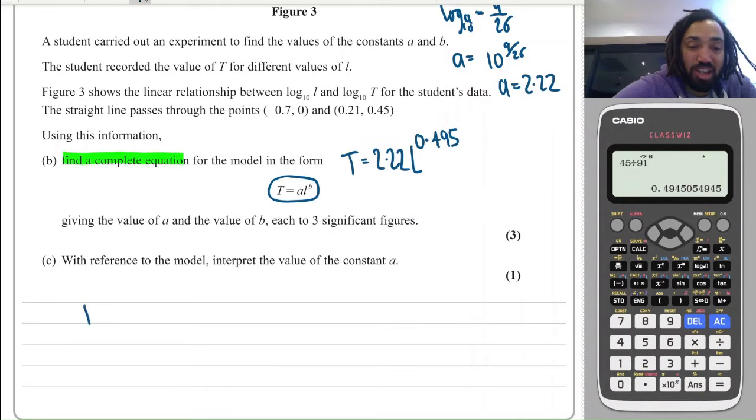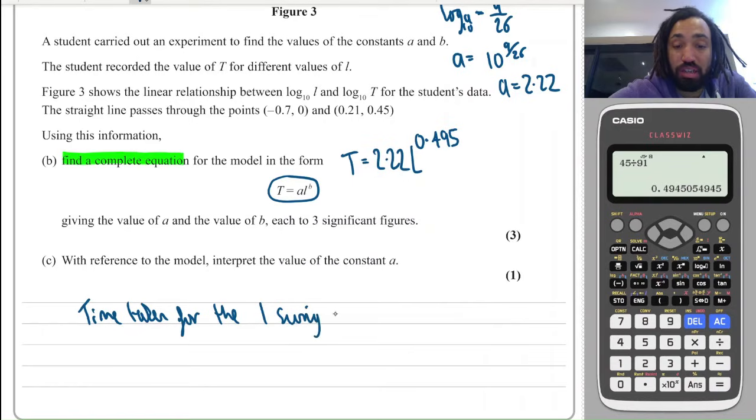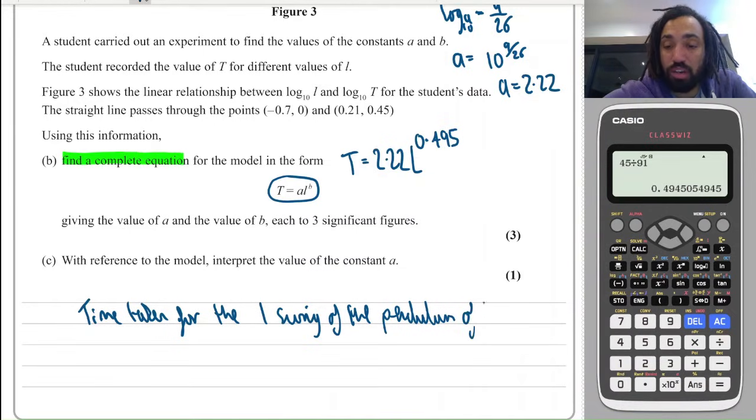So it is the time taken for one swing of the pendulum of length 1.